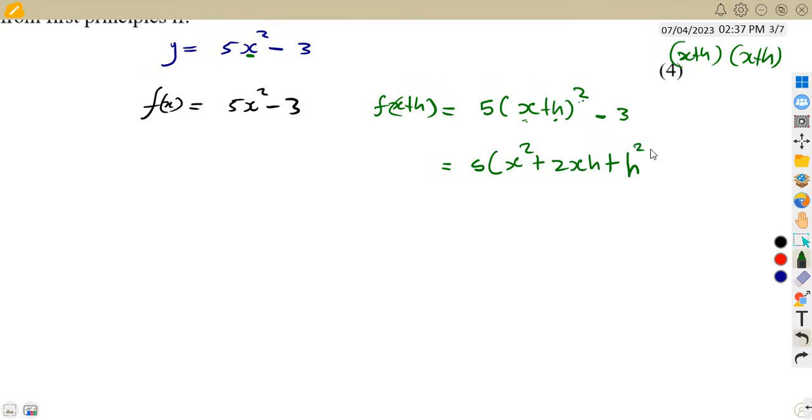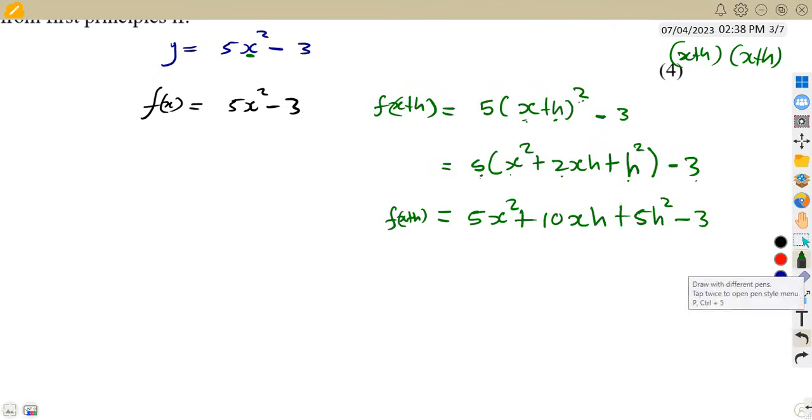Whatever that we get, we subtract 3. So take note, the 5 is there to expand the bracket. So it's 5 times x squared, which is 5x squared. 5 times 2, which is going to be 10xh. 5 times h squared, which is going to be 5h squared. Then we subtract 3. All right, so this is our f of x plus h in this case.